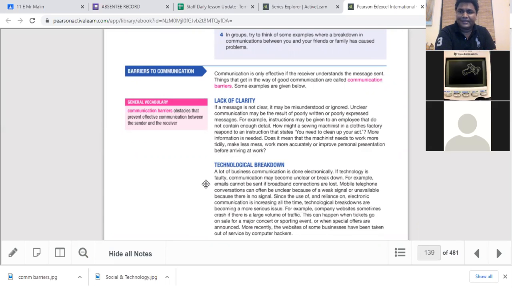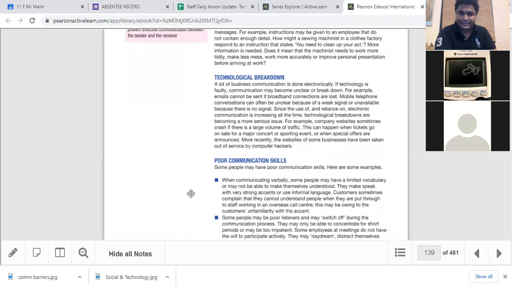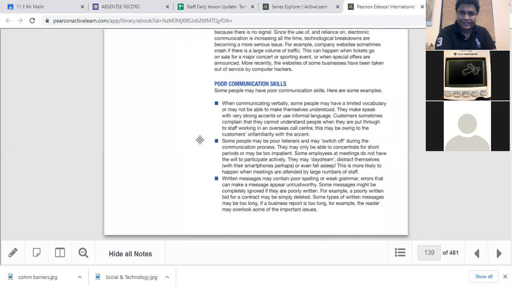You can invest in and buy new technological equipment for that. Develop your communication skills, because poor communication skills are a barrier to communication: verbal communication, written communication, listening skills, spelling mistakes, everything. I think there's room for improvement, so always invest in yourself. That is important.